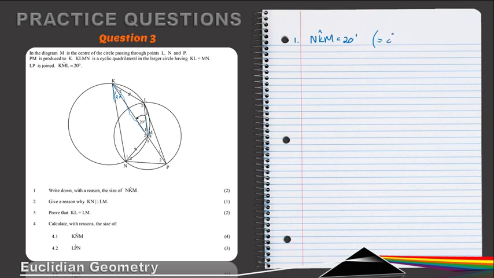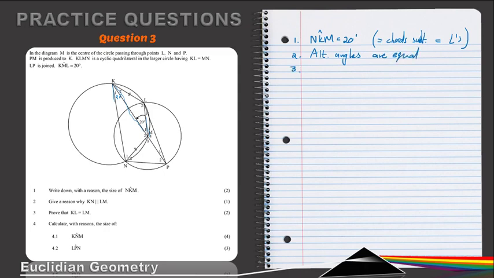So equal chords subtend equal angles. Then for 2, give a reason why KN is parallel to LM. So therefore it is because the alternate angles are equal. So alternate angles are equal.